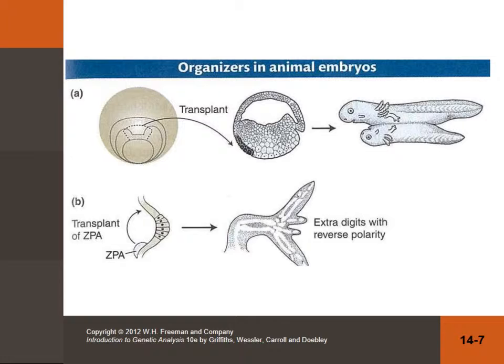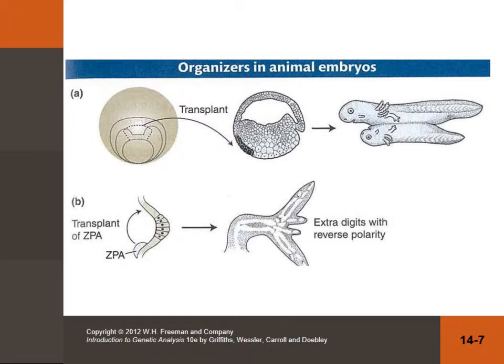This region was transplanted to another site in a recipient embryo, shown in the middle of that top panel. And that transplanted organiser region was shown to induce the surrounding tissue to form a second complete body axis, which we can see at the top right-hand side.